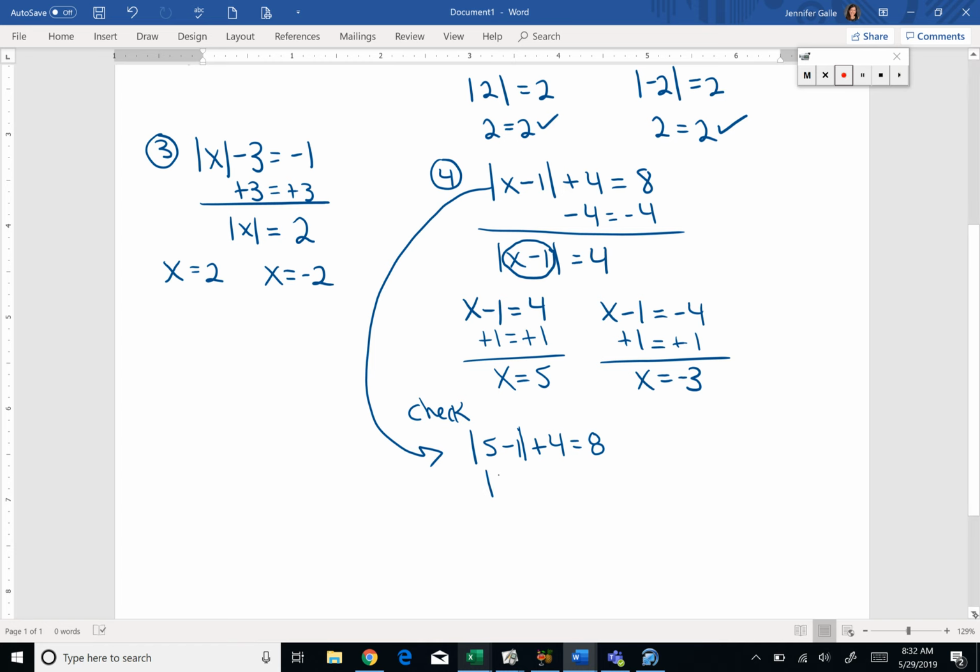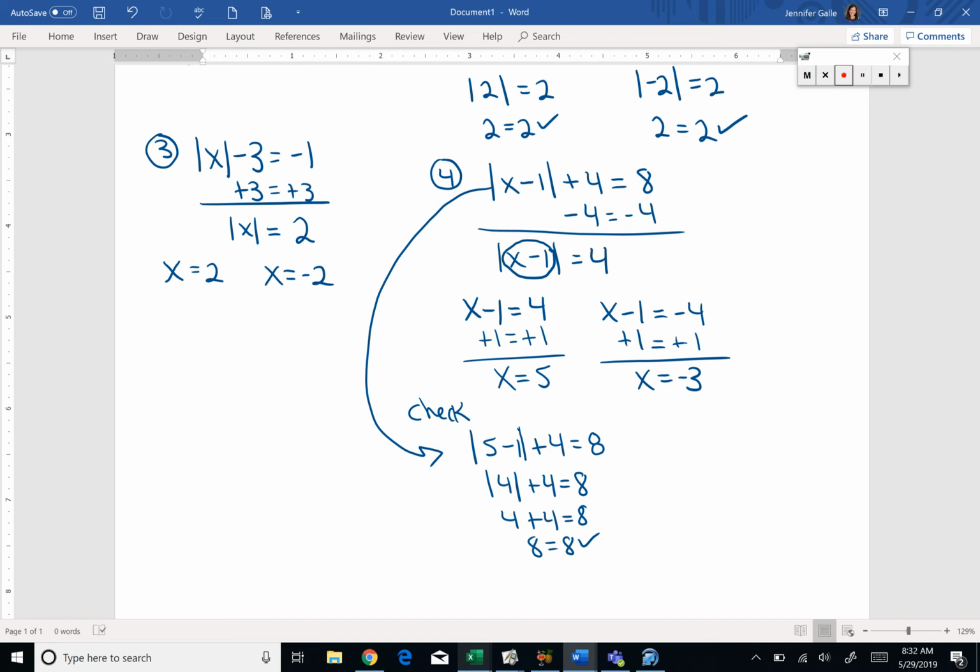So 5 minus 1 gives me a 4. Absolute value of 4 is 4. And then lastly, I finally get to do the 4 plus 4, and I get 8. The first one checks.